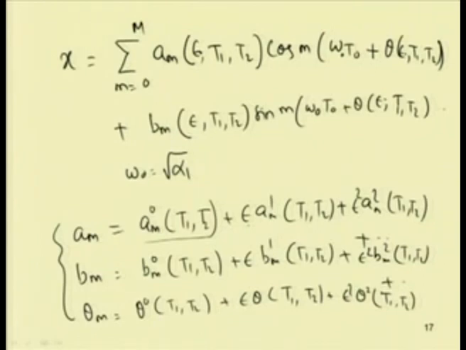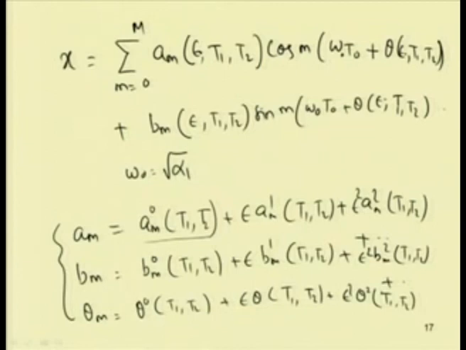Also, in case of the harmonic balance method, these terms AM and BM we have considered as constant. In this intrinsic harmonic balance method, we are taking this term x to be AM, which is a function of T1, T2, that is the scaling parameters, and also the bookkeeping parameter. Similarly, BM also contains epsilon and the scaling terms, and theta also contains them in a similar way.